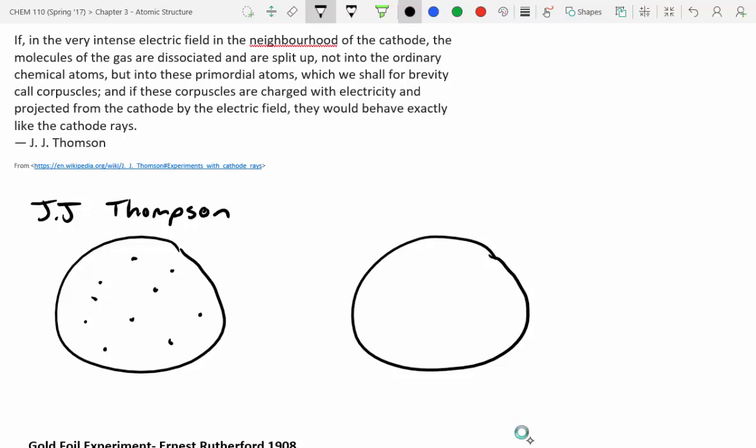That was his idea. And in order for this to be a balanced system, you can't have just negative charges. So he thought that there was just this nebulous cloud of positive charge, and then electrons were these negatively charged pieces on the inside, right? He called this the Plum pudding model.